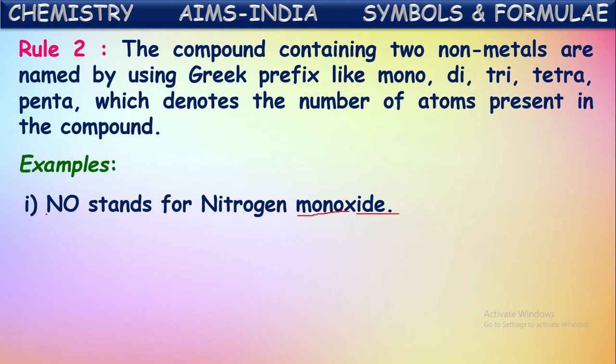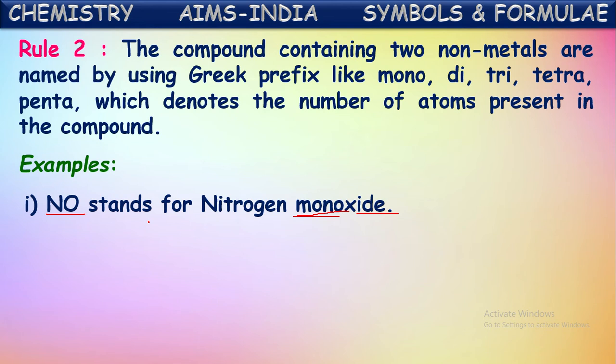In this compound there is one nitrogen atom and one oxygen atom. For the first non-metal, we need not mention it if it is only one. For the second one, we mention mono, di or tri. Here, one oxygen atom is there, so we mention mono. Now its name becomes nitrogen monoxide.